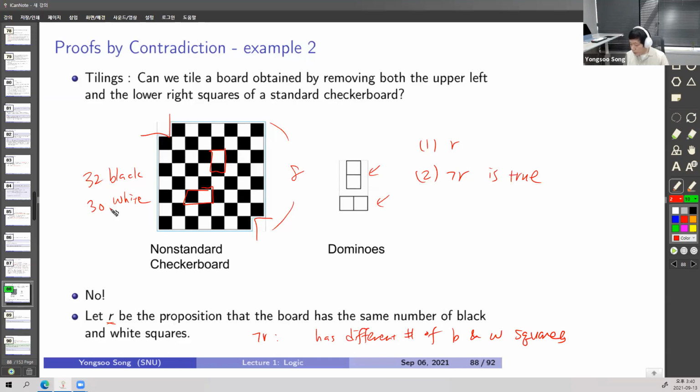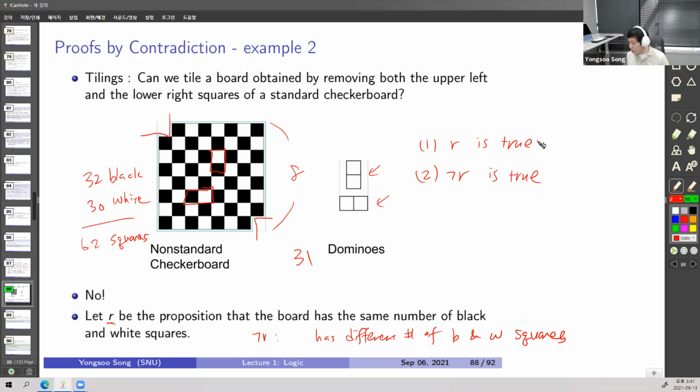There are 62 squares in this checkerboard, so you need basically 31 dominoes to tile it. But if you use 31 dominoes, they have exactly 31 black squares and 31 white squares. So it should have the same number of black and white squares, meaning that R is true. So we show that both R and negation of R are true.